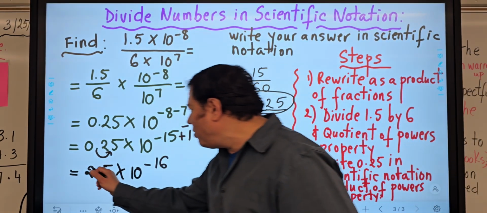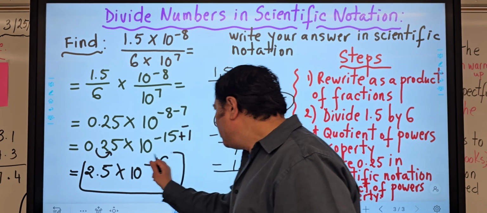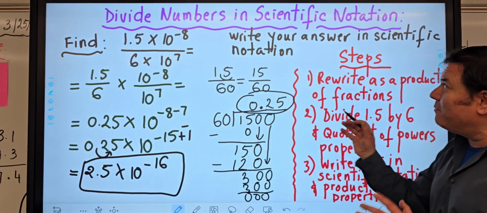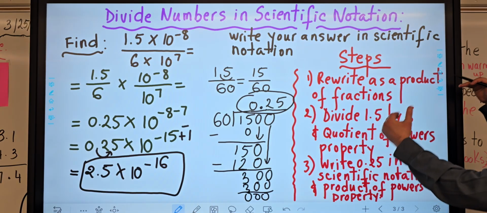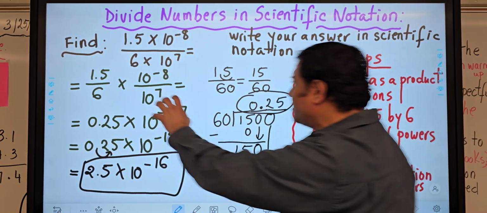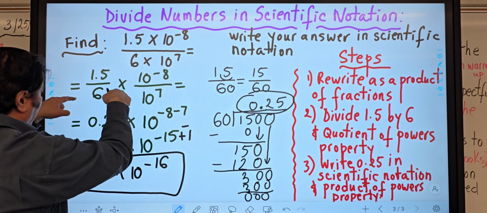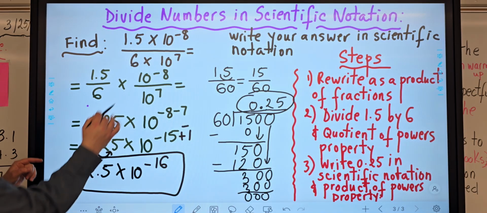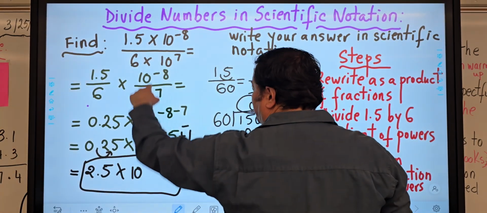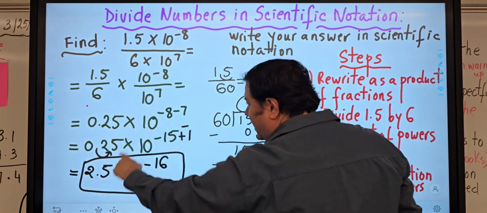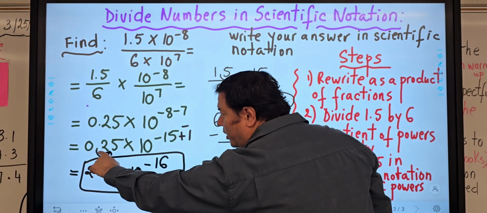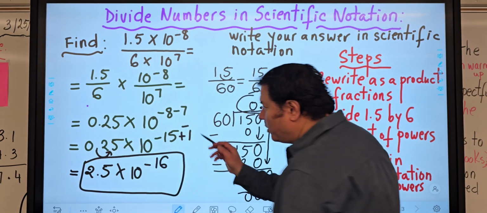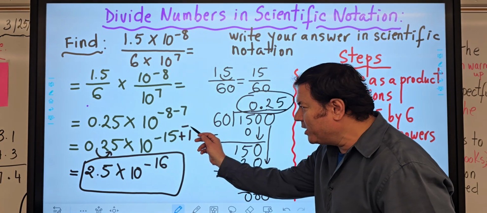Please remember to follow all these steps when we divide numbers in scientific notation. And again, the first step was for us to rewrite as a product of fractions. Product of fractions first. And then we use the quotient of powers property. And here, every time we move the decimal to the right, we subtract an exponent.